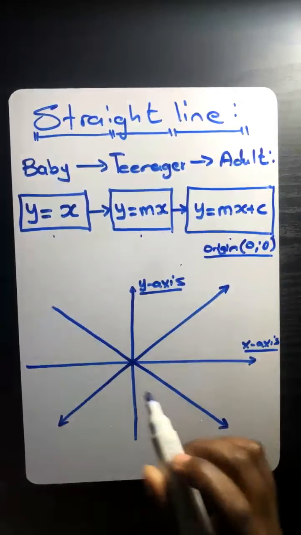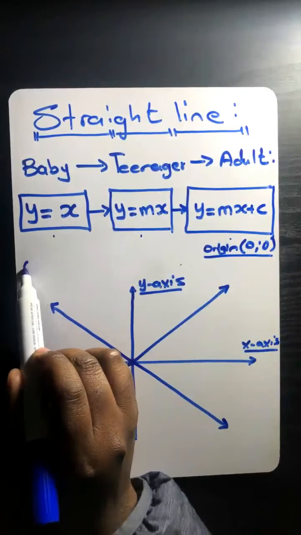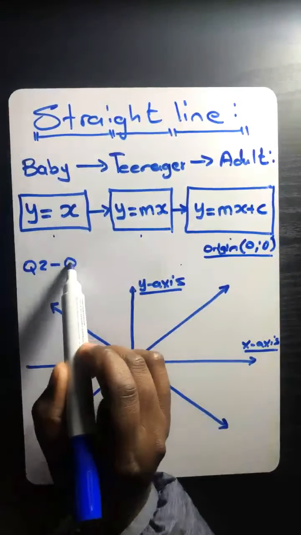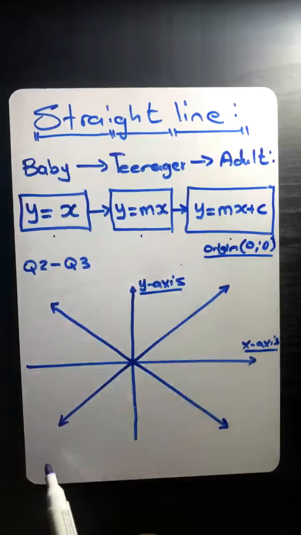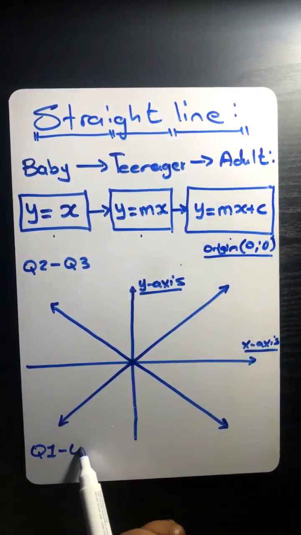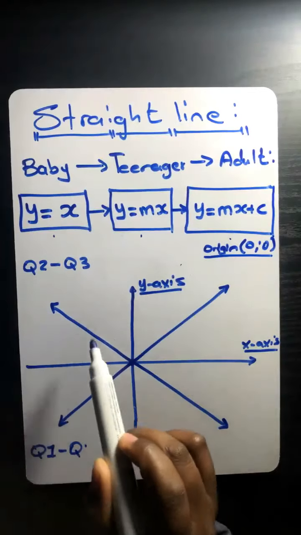So this is now a straight line which is, let's say, from quadrant number 2 to quadrant number 4.